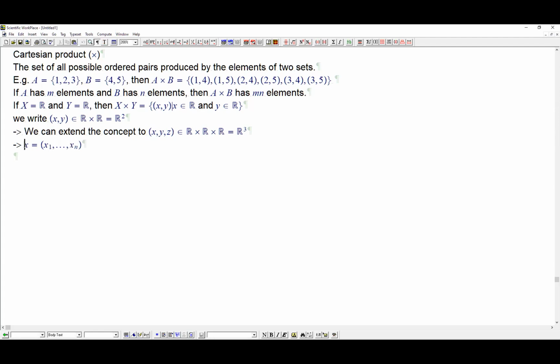Here I'm going to write this in bold to show that it's not a scalar, it's a tuple of n elements, which would be an element of R n. So if you work in n dimensions, then you are even more abstract.